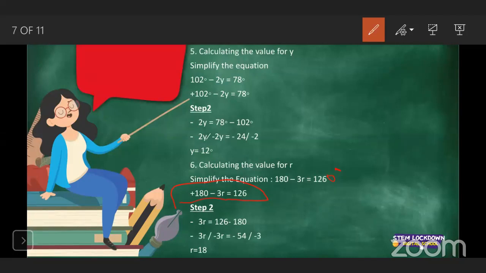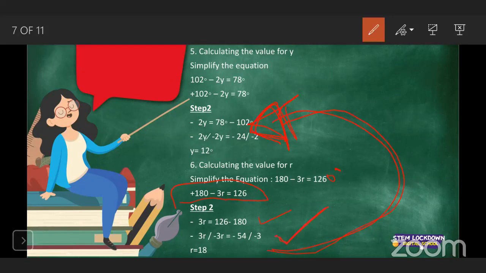So let's verify our answer, guys. This is how you do it again. It's the same method as this one. So we'll have 126 minus 180 degrees, and then our answer will be negative 54, and negative 54 divided by negative 3, our r will equal 18.